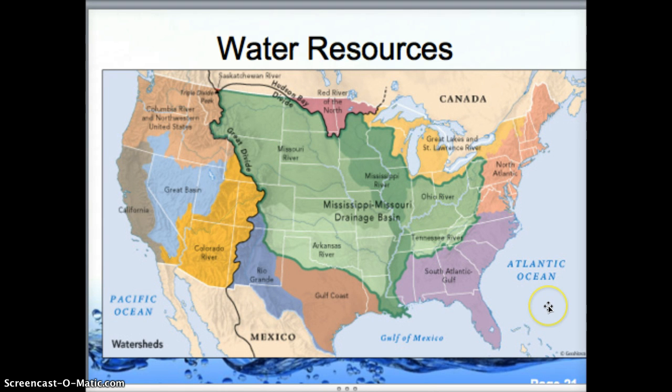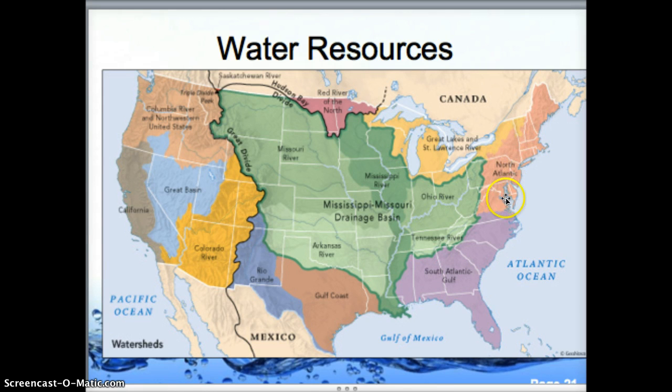This is a map that's showing some of those water regions, watershed regions, and another name they give them is drainage basins. And you can see that all of this huge, huge green area is everything that drains into the Mississippi, Missouri River area. This small area of Texas goes into the Gulf Coast. This is the South Atlantic Gulf, so it goes into this part of the Gulf.